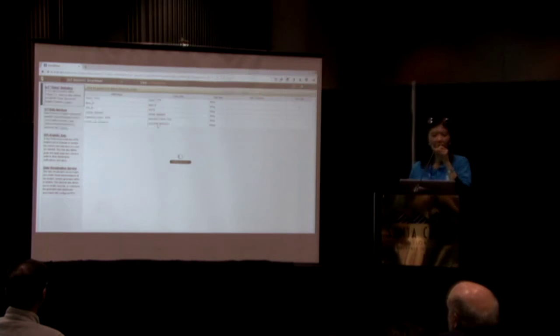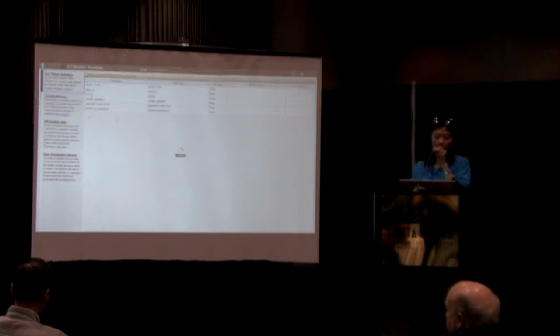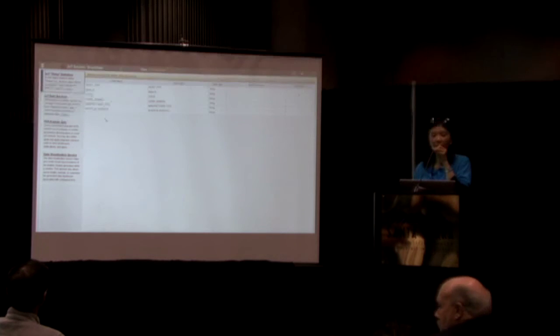Okay, so here are the steps for how a user can build up a solution like this using our platform. Like Mike just mentioned, we have a 4-step workflow.